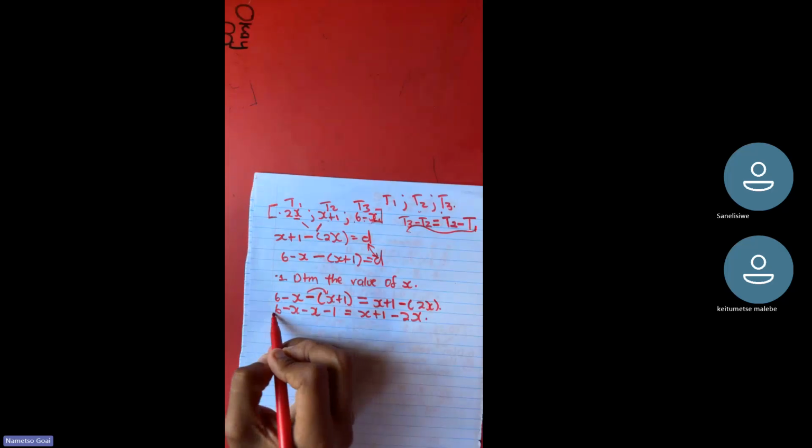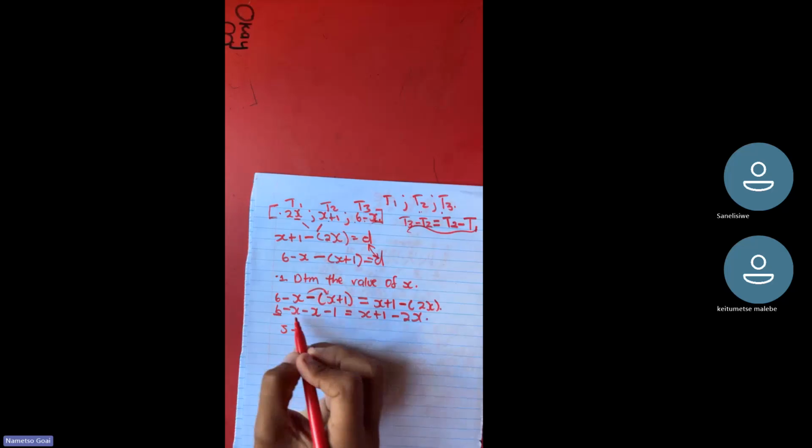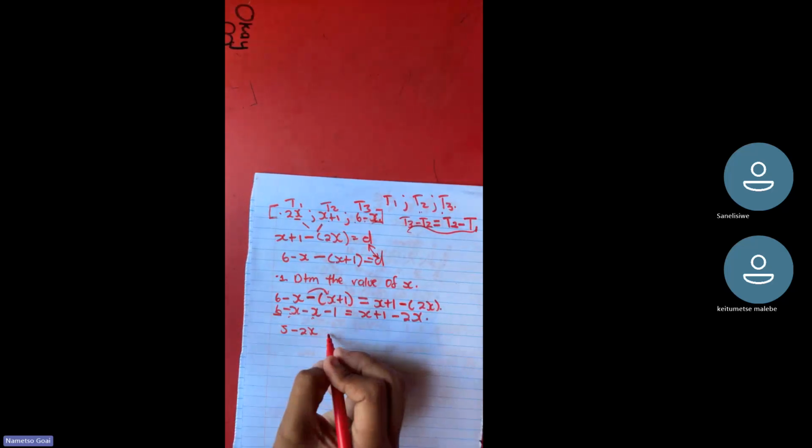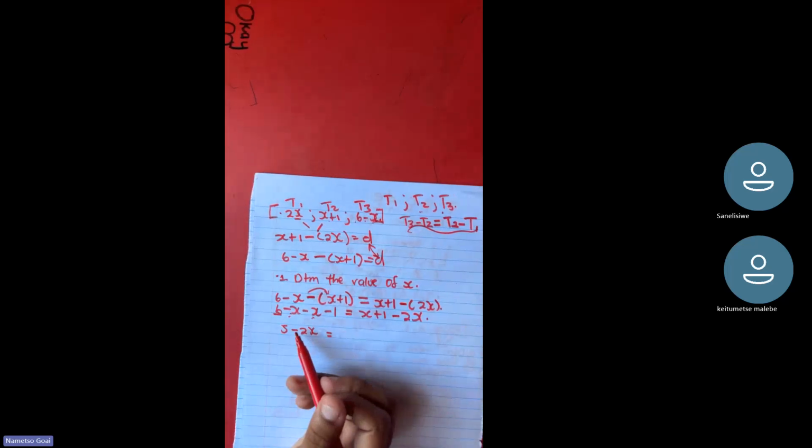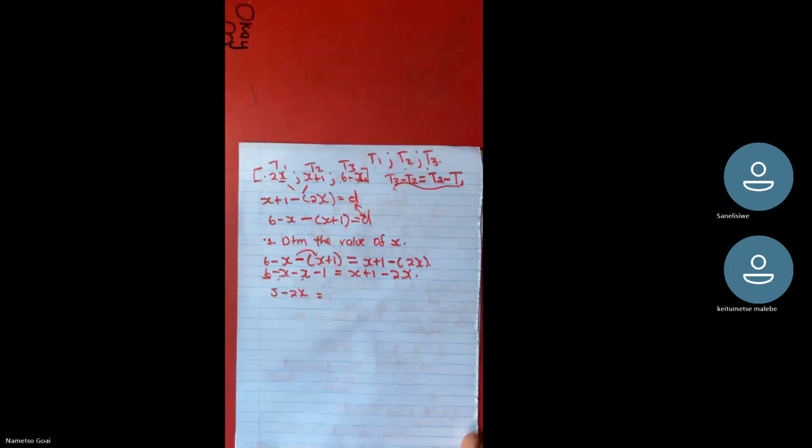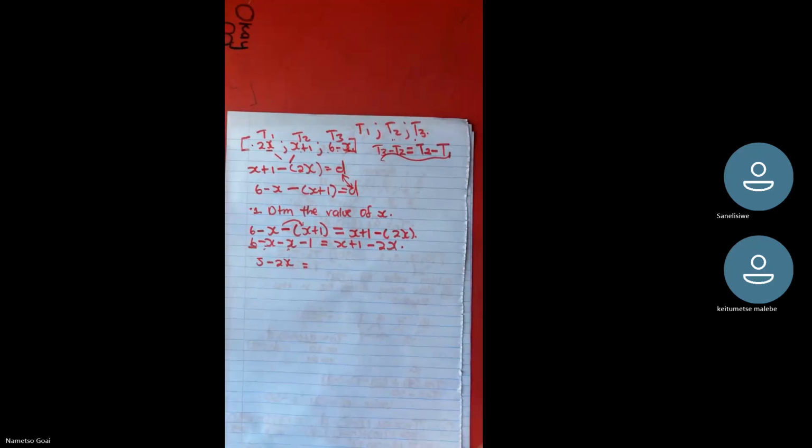Right. So we have 6. Let's group all our like terms. We have 6 minus 1, which is going to give us 5, minus these two together, it is going to be minus 2x, right? Equals to, you guys agree with me? Like you guys get it?